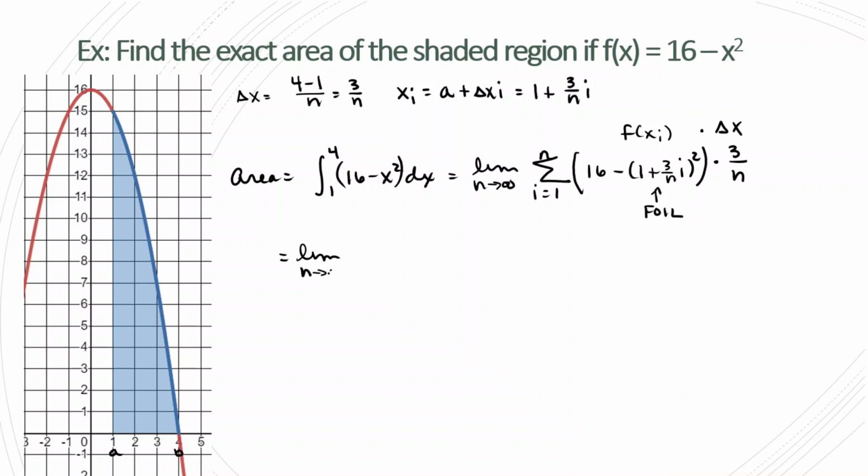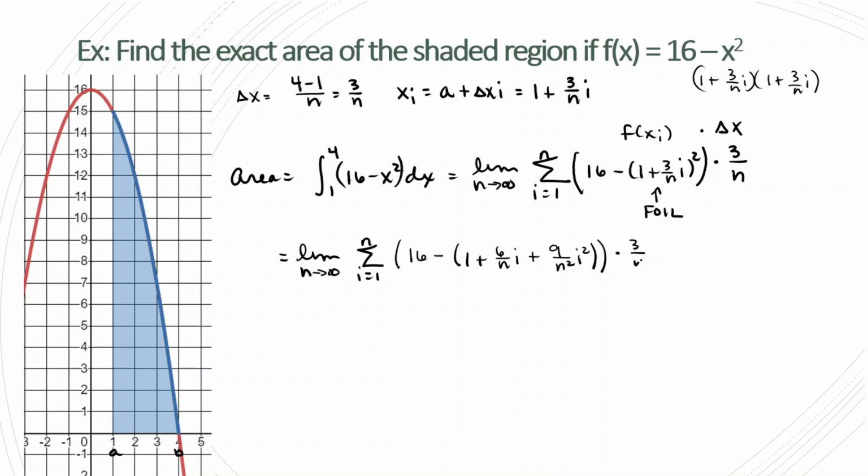So I'm going to do the limit of the sum, and I'm going to have 16 minus, and if I FOIL this out, that's 1 plus 3 over n i times itself. So I'll get 1 plus 6 over n i plus 9 over n squared i squared, times 3 over n.